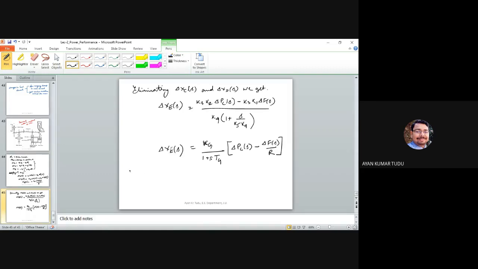Where this Kg is equal to k2 k3 by k4, this is our governor gain. We have our Tg, which is equal to 1 by k5 k4, our governor time constant.